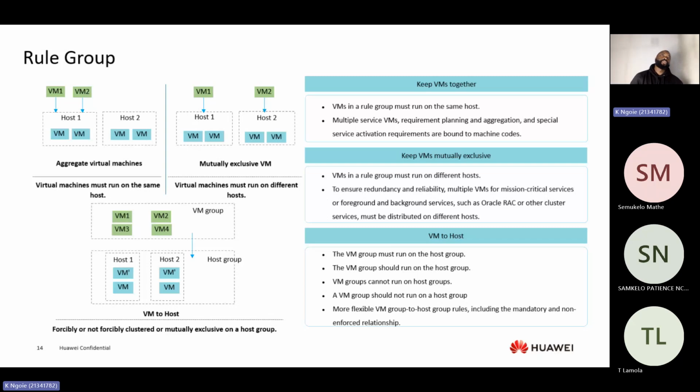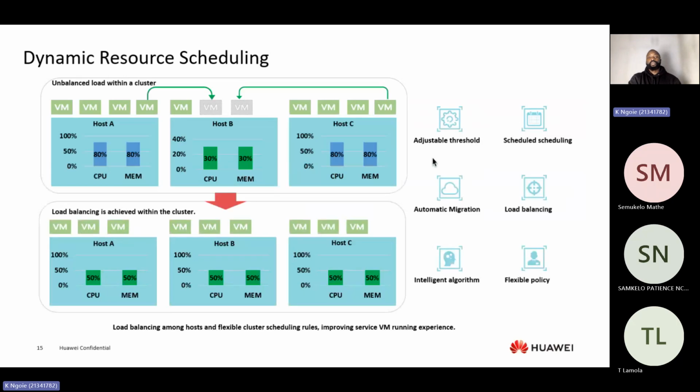So this can be used in cases of licensing restrictions, for example, where there's a certain license. So if a person has a certain license, certain virtual machines can only run on a certain group because they are licensed on a certain level. Okay, so that will be the rule group.